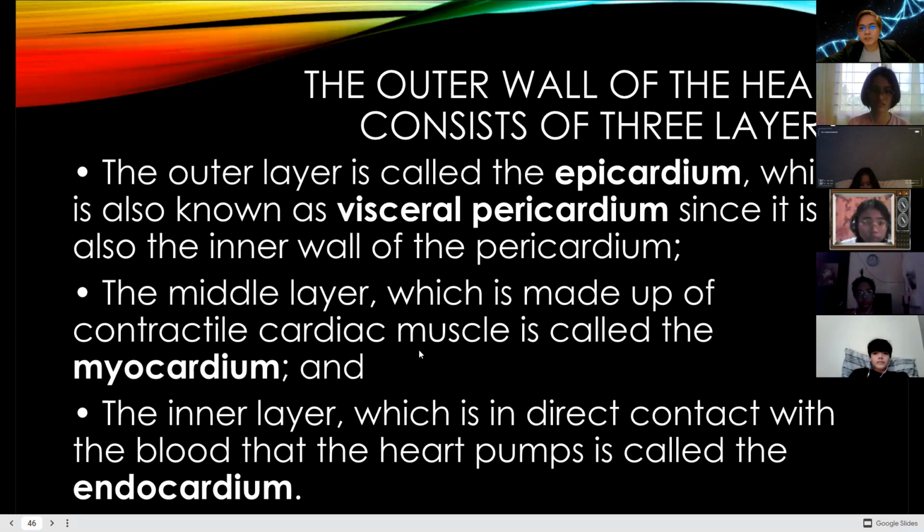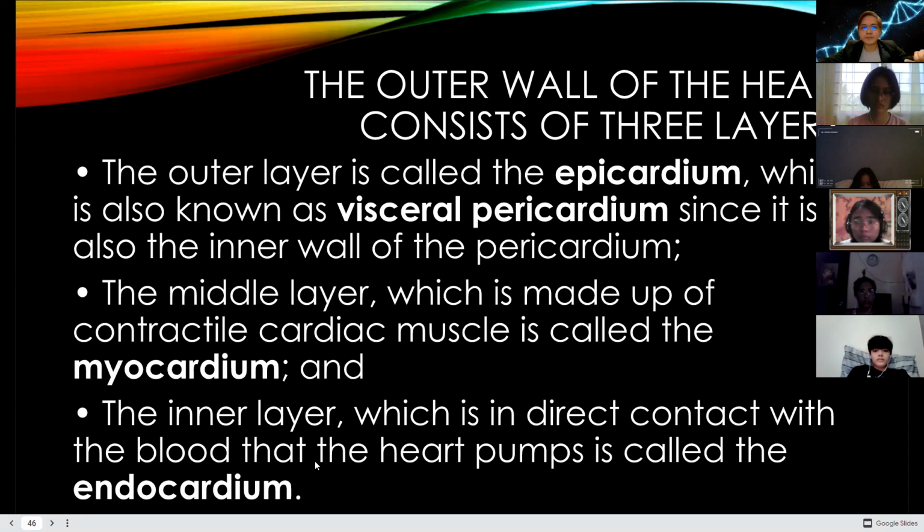Myo means muscle, cardio means heart, so these are the muscles within your heart. The inner layer, which is in direct contact with the blood that the heart pumps, is called the endocardium.